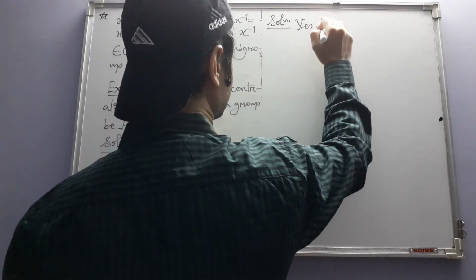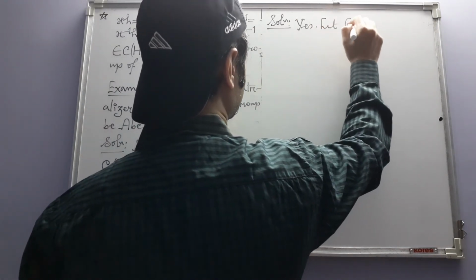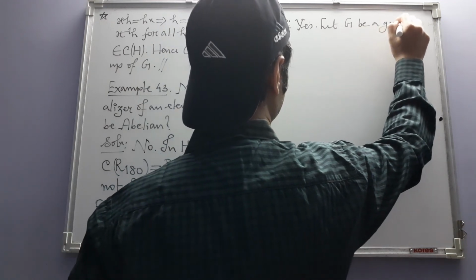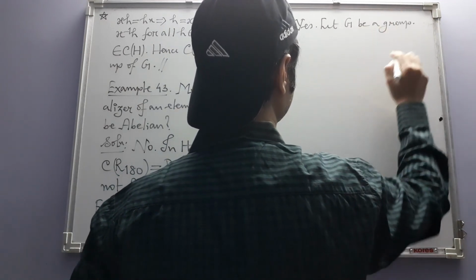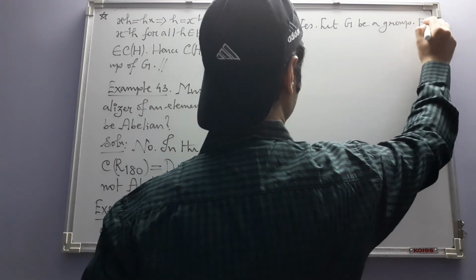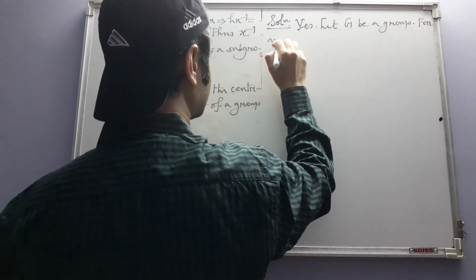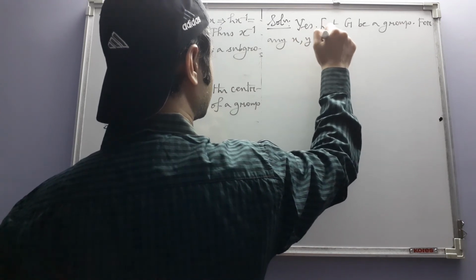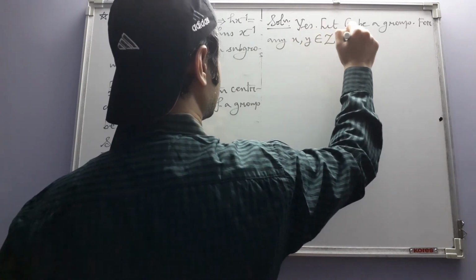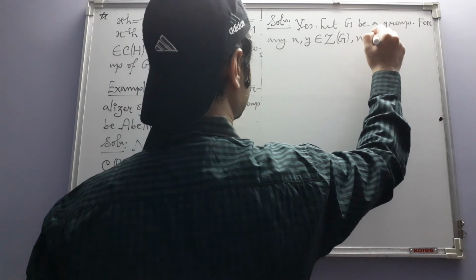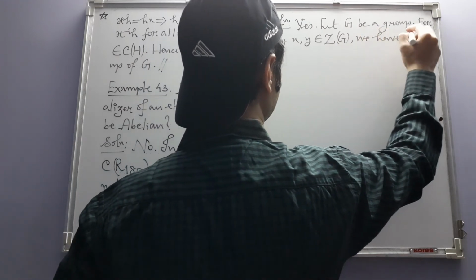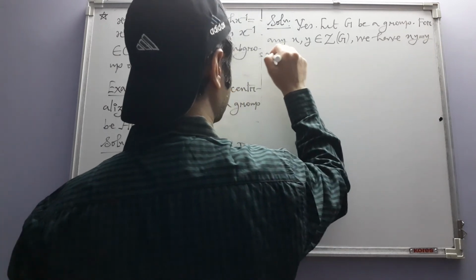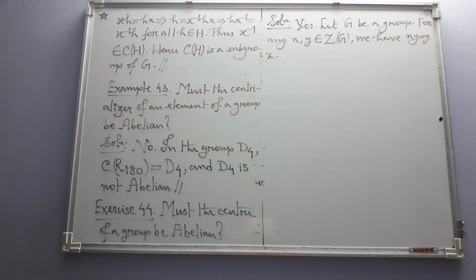Yes, let G be a group. For any x and y belonging to the center of G, we have xy equal to yx. And why is that so?